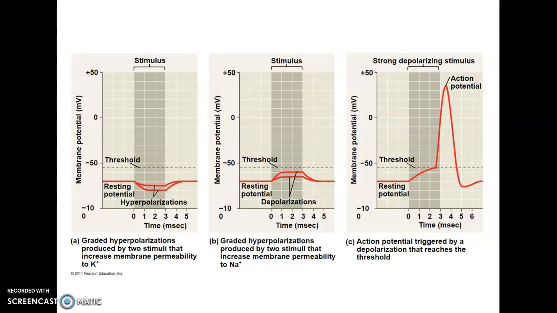We call the depolarizations EPSPs, or excitatory postsynaptic potentials. But either way, you're either going to get closer to or further away from the threshold potential, which, remember when we talked about the action potential, was when the voltage-gated sodium channels opened.